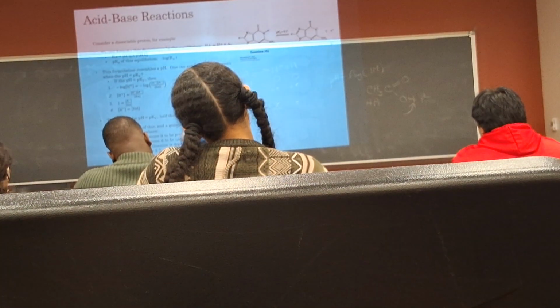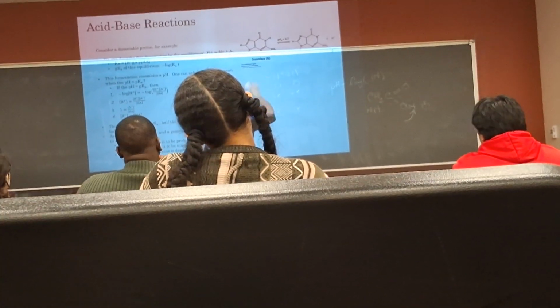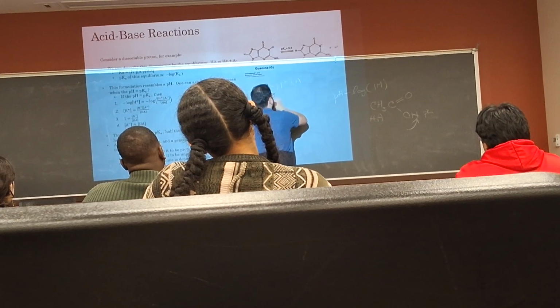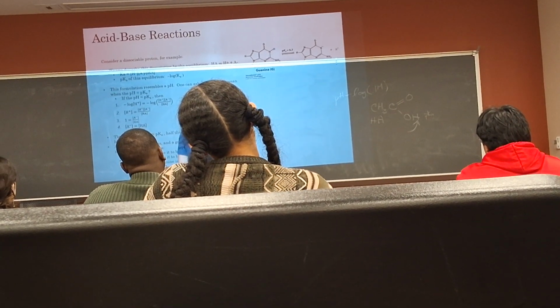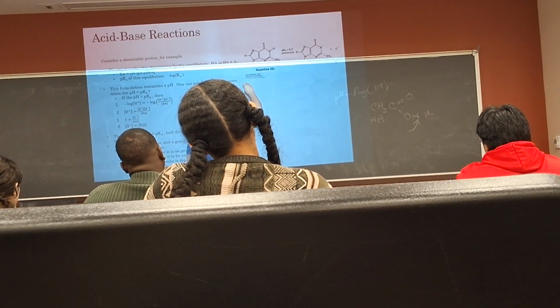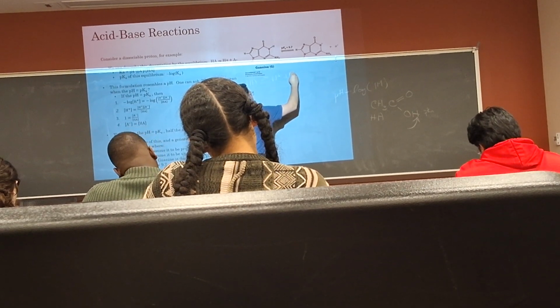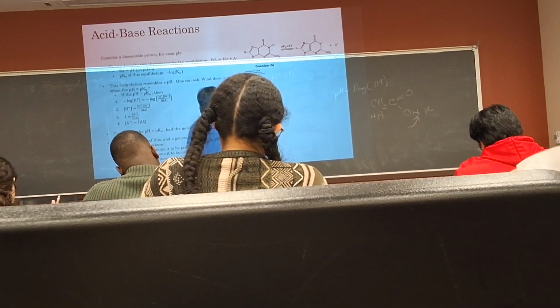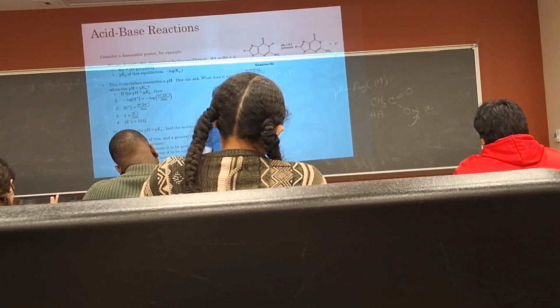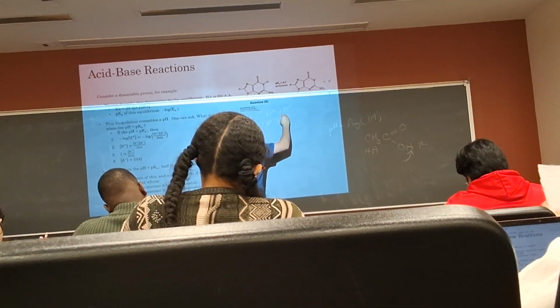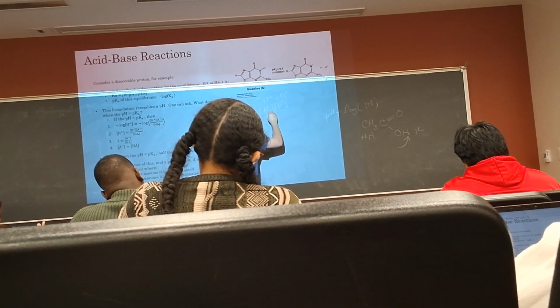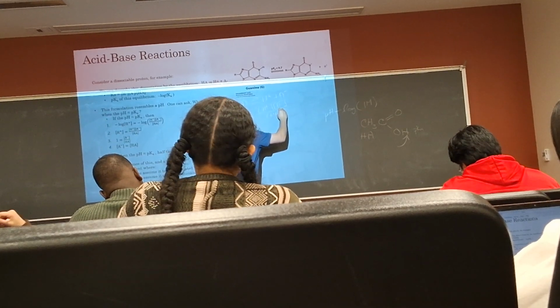So now that we know about the acid dissociation constant, again, write down our HA yields H plus A minus, Ka equals H plus and A minus over HA, right?